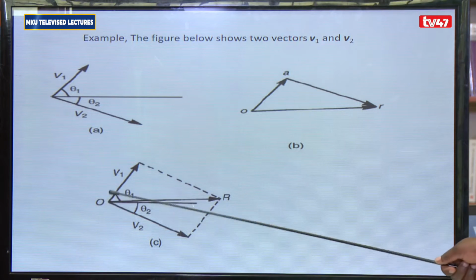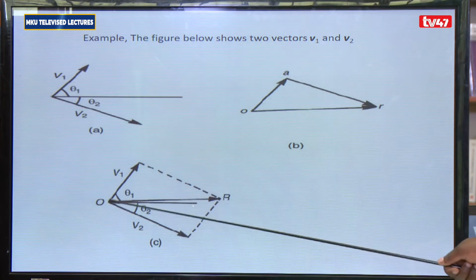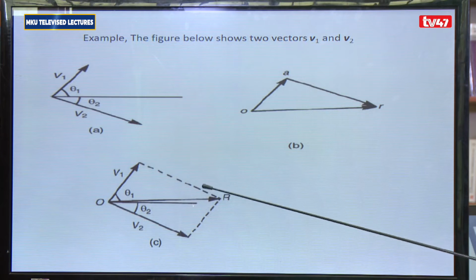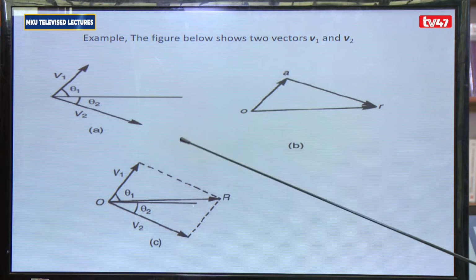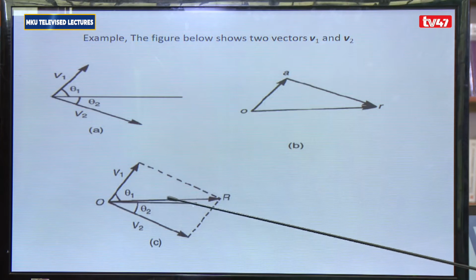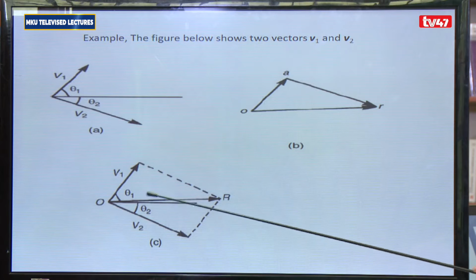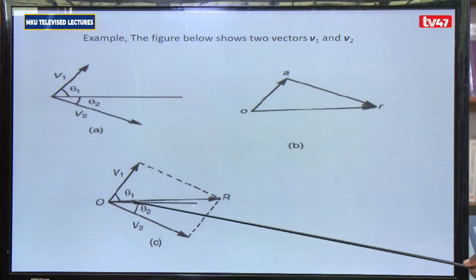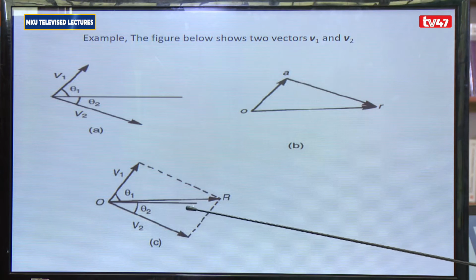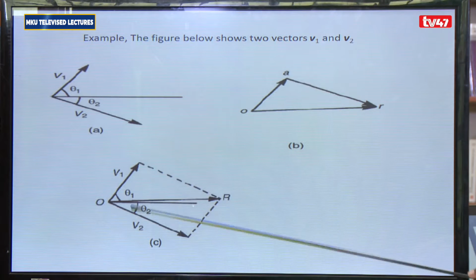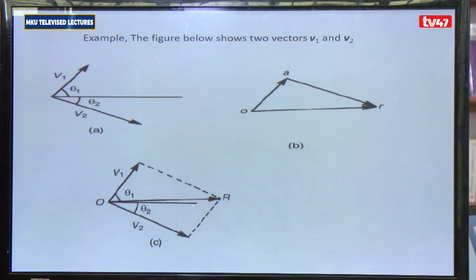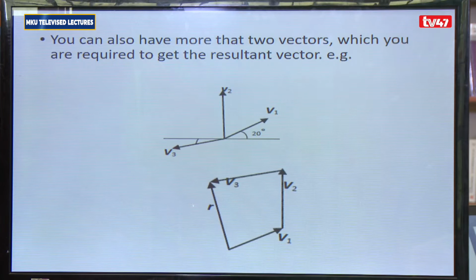So this one you will draw here, and this one you will draw here, and therefore what is going to be formed is a parallelogram. Now the longer diagonal of that parallelogram is going to be the sum of V1 plus V2. Okay?